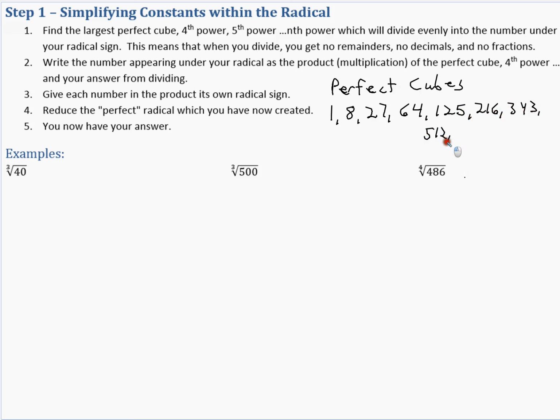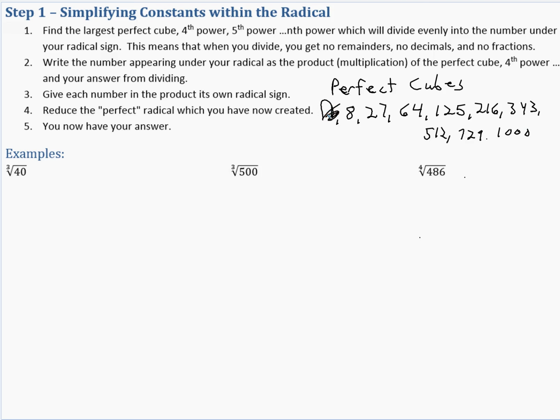We don't always get this high. 9 cubed is 729, I believe. And then 10 cubed is 1,000. Maybe you commit these to memory, or they're easy to find if you have a calculator especially, but these are helpful. And again, we really won't use 1 because we don't need to know if 1 goes into it.